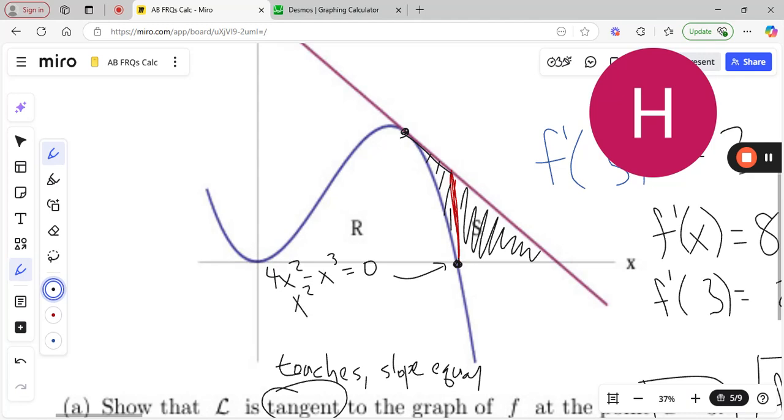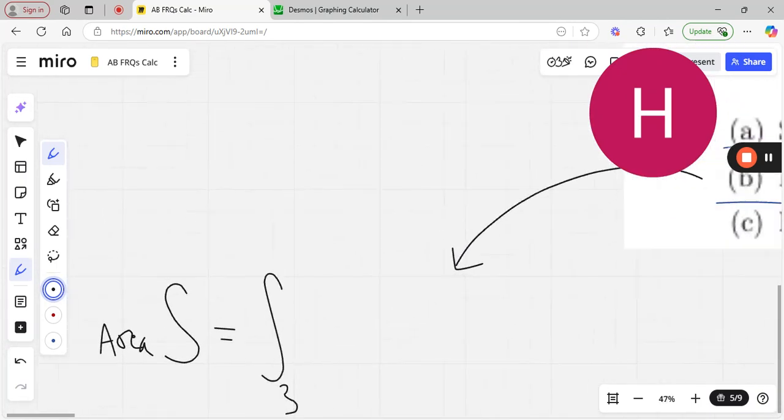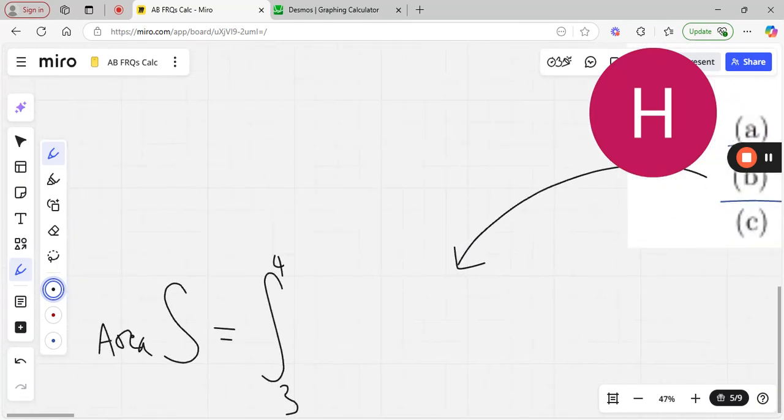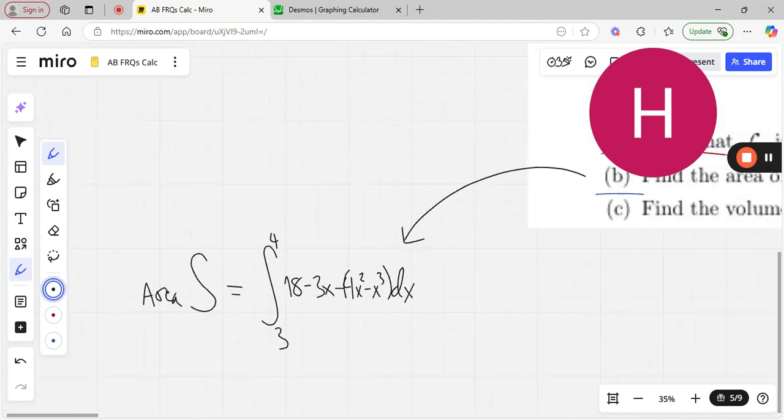And if we factor out x squared, then it becomes clear that that 0 is located when x equals 4. Okay, so we're going to go from 3 to 4, top function, 18 minus 3x, minus bottom function, 4x squared minus x cubed, dx.